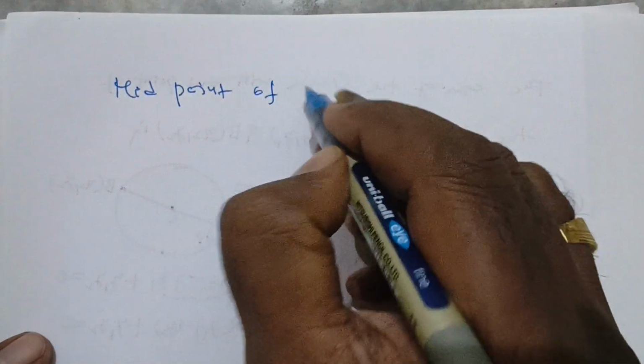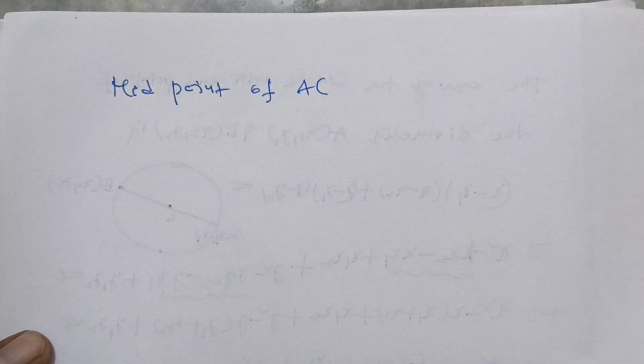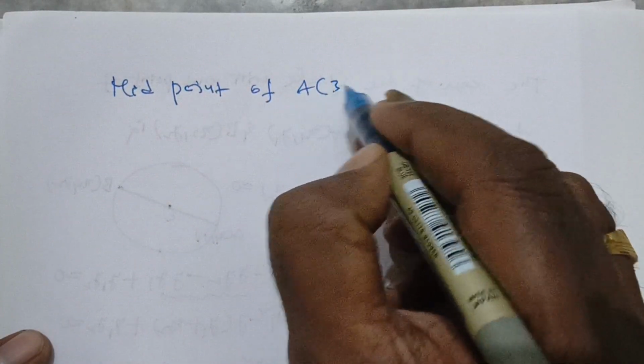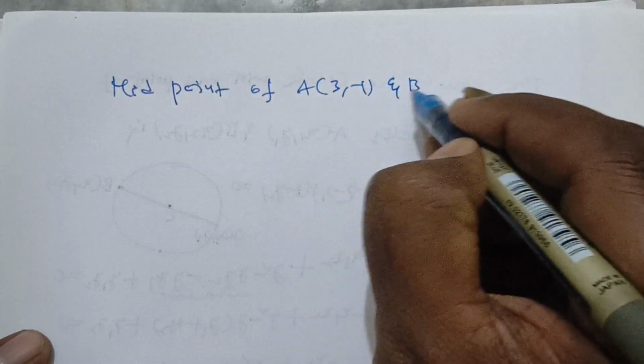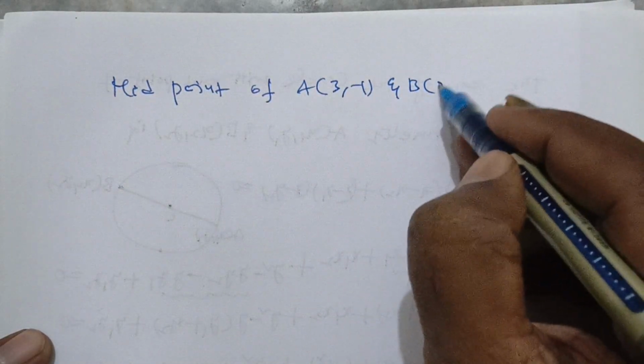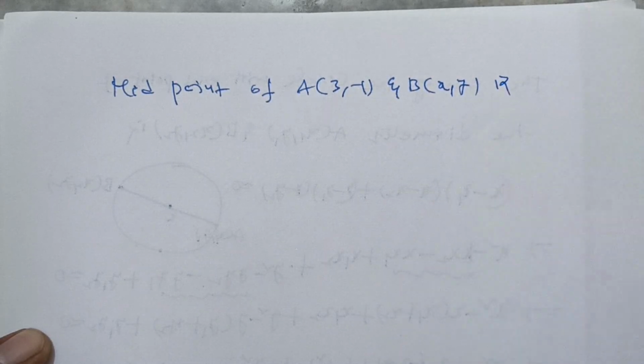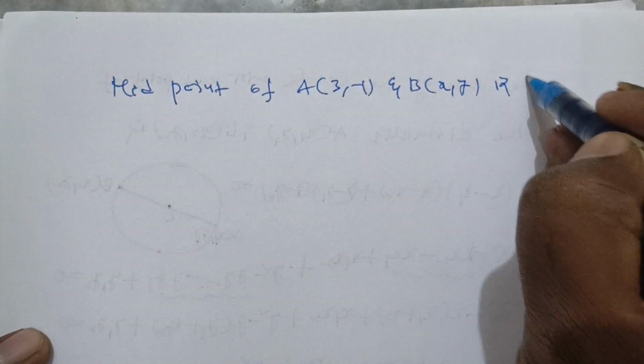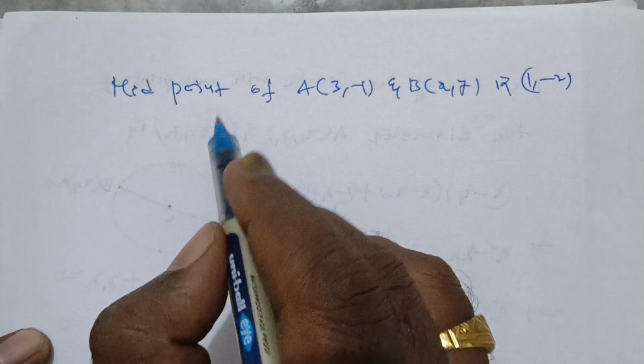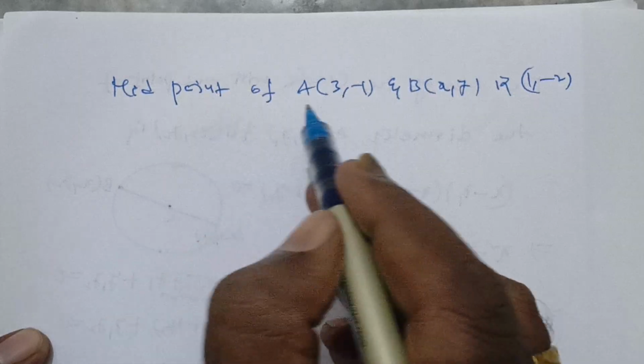Midpoint of A (3, minus 1) and B (x, y) is (1, minus 2). So what is the midpoint formula?